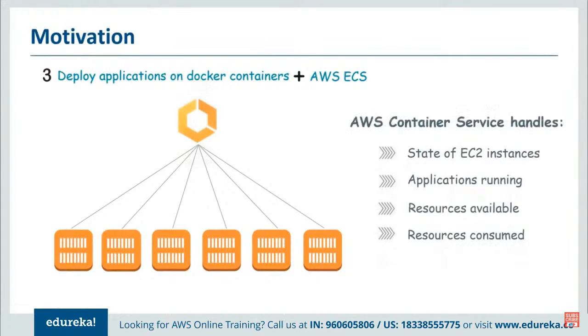This Amazon ECS removed the need for the users to manage all the EC2 instances and the containers. So with this Amazon Elastic Container Service, users no longer had to manage the containers and the clusters. This Amazon ECS service kept track of all the instances and the applications that are running on these instances. It also kept track of the number of resources that were used by containers and the number of resources that are still available. So basically, this container management service did everything for the users.